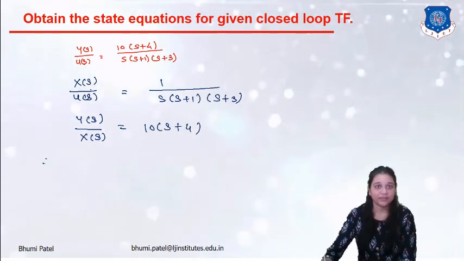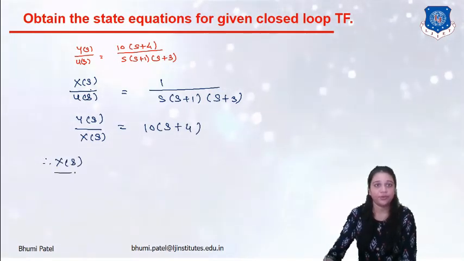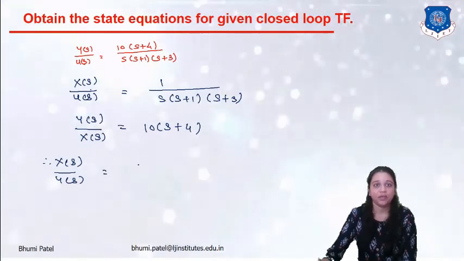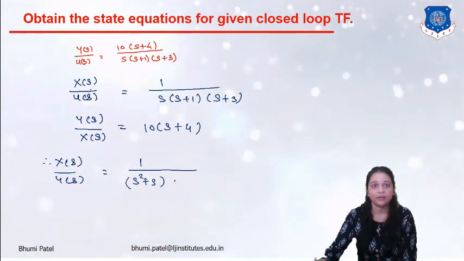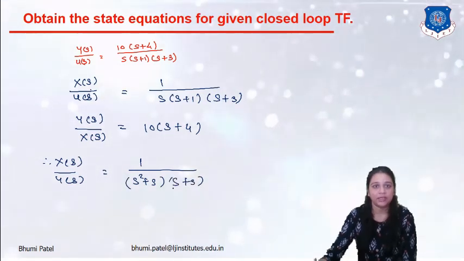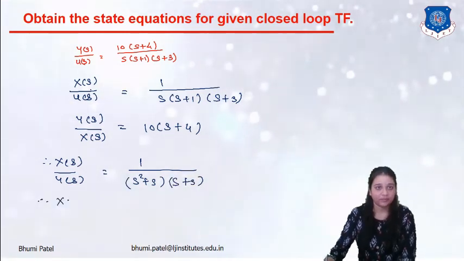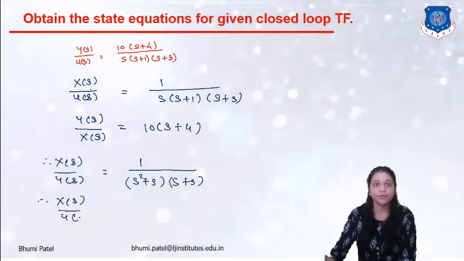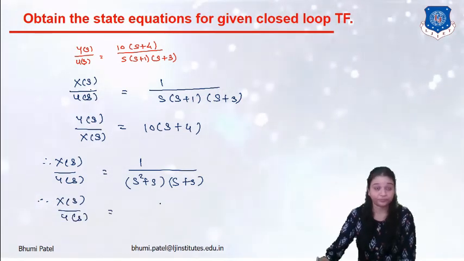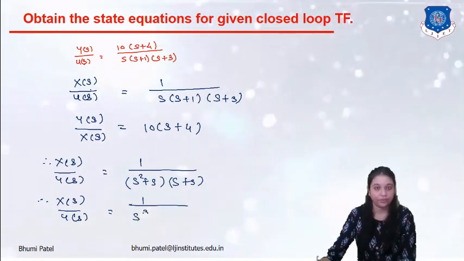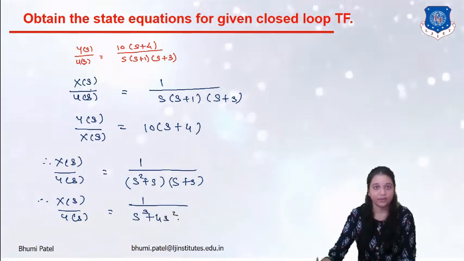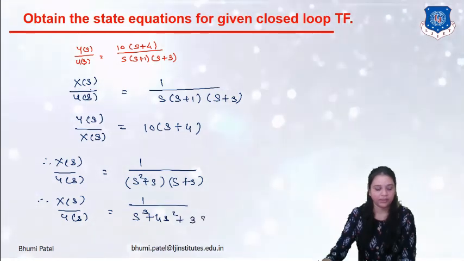So simplify this equation: x of s upon u of s is nothing but 1 upon s square plus s in another bracket s plus 3. So simplify this equation, we can get x of s upon u of s is equal to 1 upon s cube plus 4s square plus 3s.